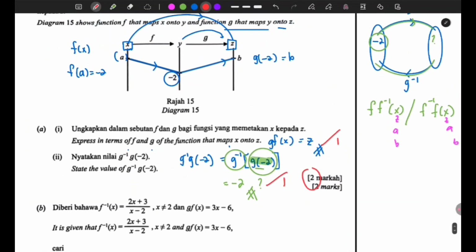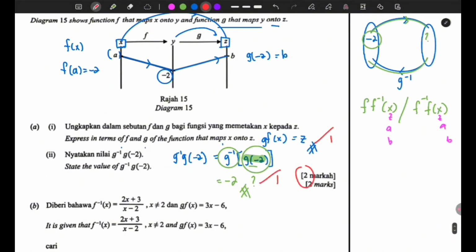But anyhow, if you want to solve one by one also can, using this. If you solve using the one that they give us, can also, no problem. So let's just say g(-2). So this is function g and -2. So you will get b, isn't it?